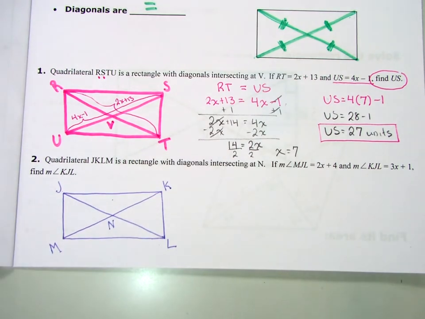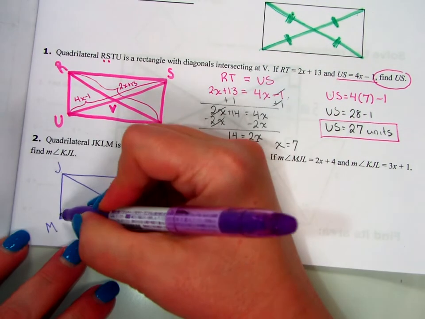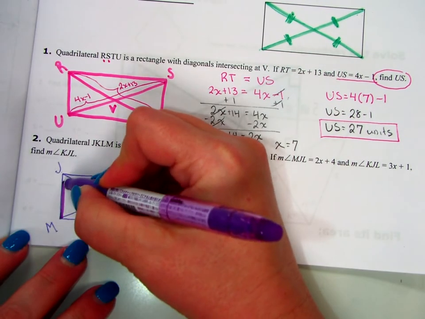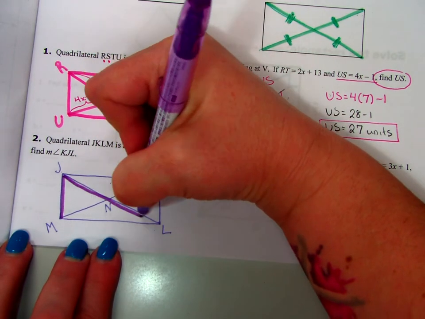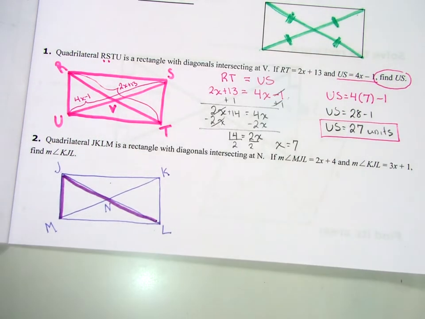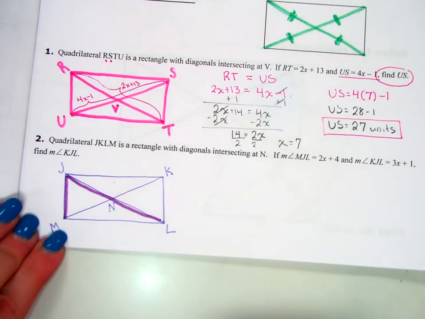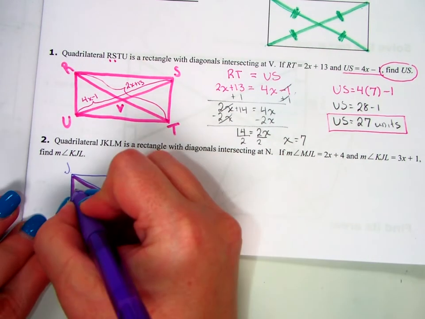If angle MJL is 2x plus 4, so let's see where MJL is. Here's MJL. So that underneath part of that angle is 2x plus 4.